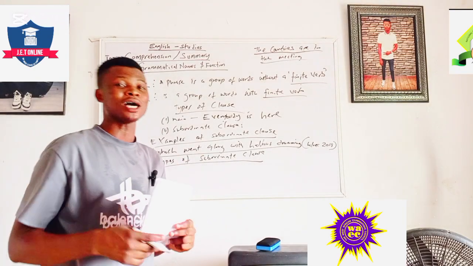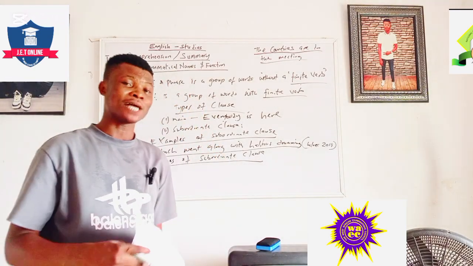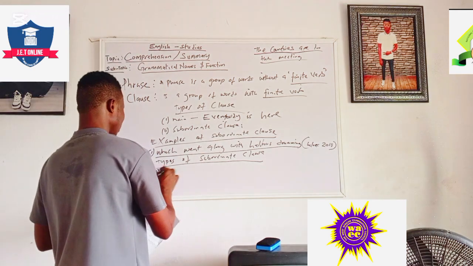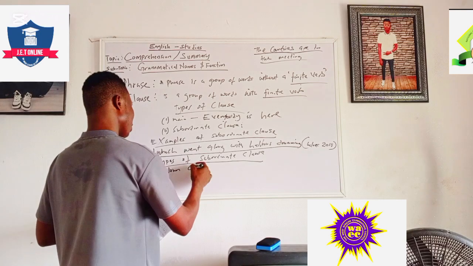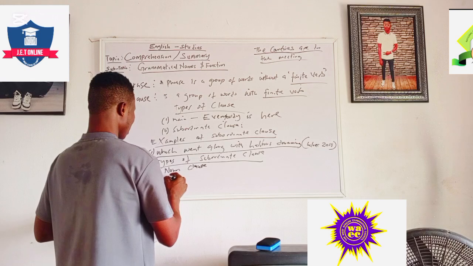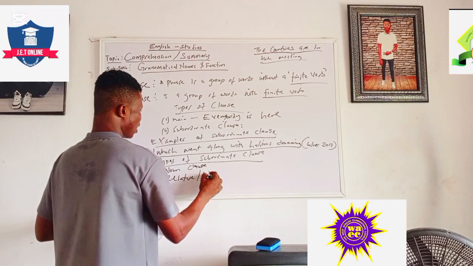Don't forget, the same way we have three types in the noun, in the phrase, we also have three types of what? Of subordinate clause. Number one, you have noun clause. Two, we have relative or adjectival clause.